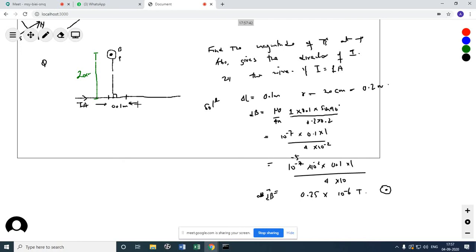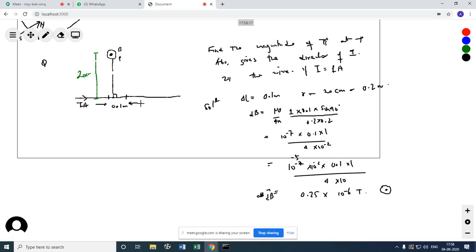So 0.1 into 1 divided by 0.2 into 0.2, that gives me 4 into 10 to the power minus 2. So we can write this as 10 to the power minus 7, minus 2 goes up. So 7 and 2, that gives me 10 to the power 5.